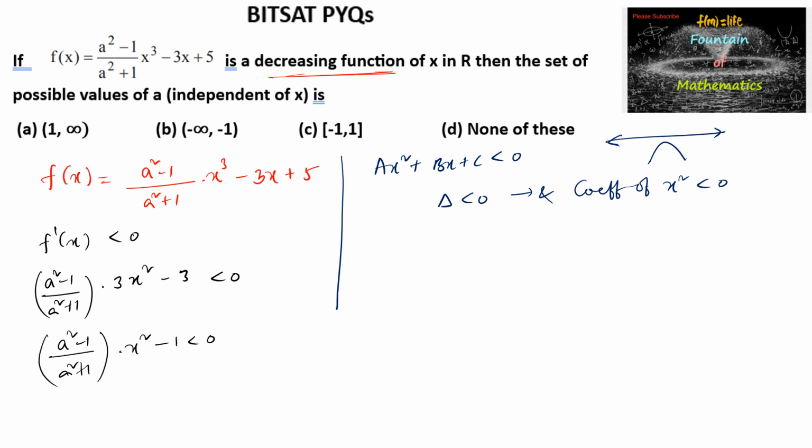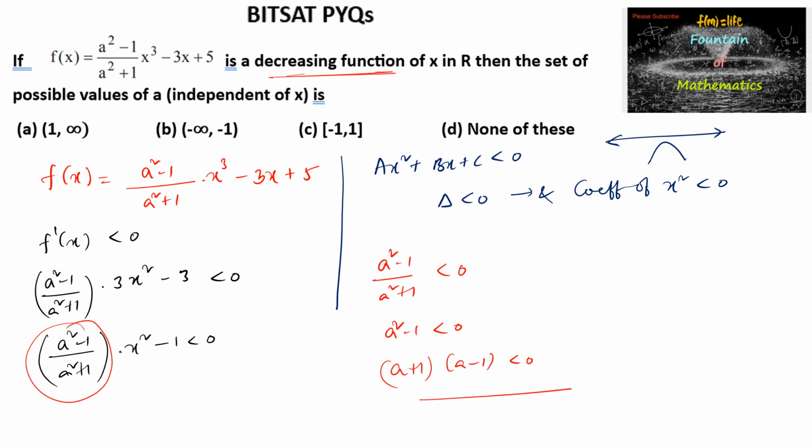So here the coefficient of x square, a square minus 1 upon a square plus 1, must be less than 0. That is a square minus 1 must be less than 0. So we can write (a plus 1) into (a minus 1) is less than 0. So we can consider from minus 1 to 1, and by using the wavy curve method, the negative region will be between minus 1 to 1. So a must belong to (minus 1, 1).